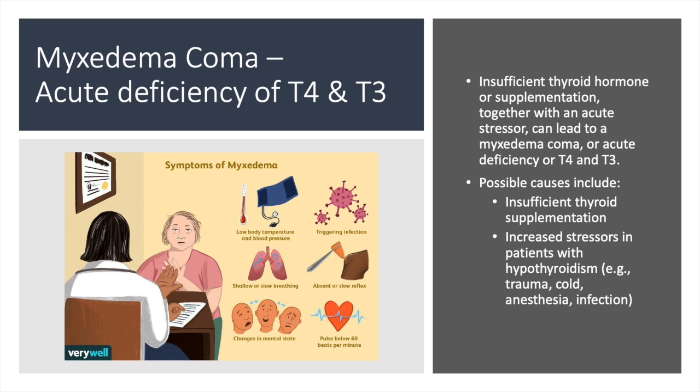Then, of course, per provider order, replacing the thyroid hormone, because there's hypothyroidism to the 10th degree, so you're going to need to replace the thyroid hormone that's no longer there or not in adequate levels. And typically there are going to be additional supportive measures, like a provider order for glucocorticoids that are administered to help with the immune response and inflammation.